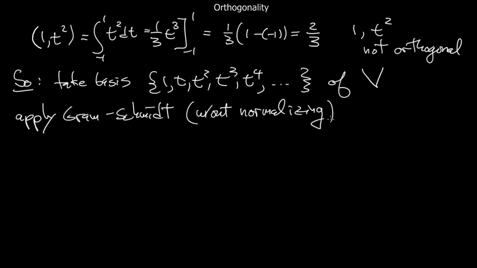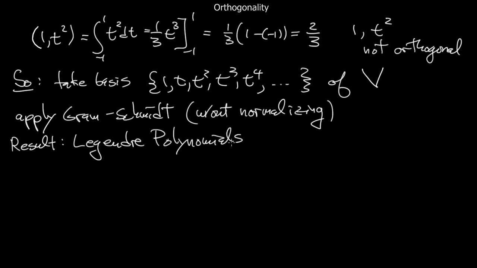So here's what you get. The first polynomial you start with is 1, of course. So these are, as I said, called the Legendre polynomials. And here are the first few of them.